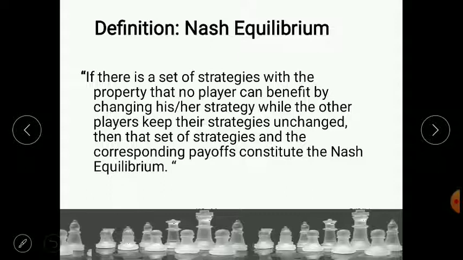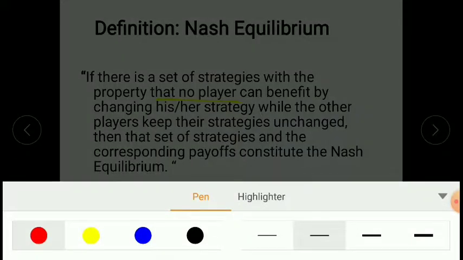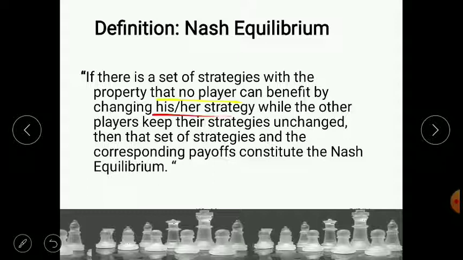Definition of Nash equilibrium: it says that if there is a set of strategies with the property that no player can benefit by changing his or her strategy while the other player keeps their strategy unchanged, right? Keeps their strategy unchanged.